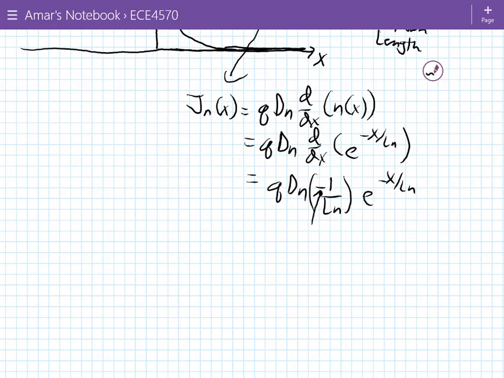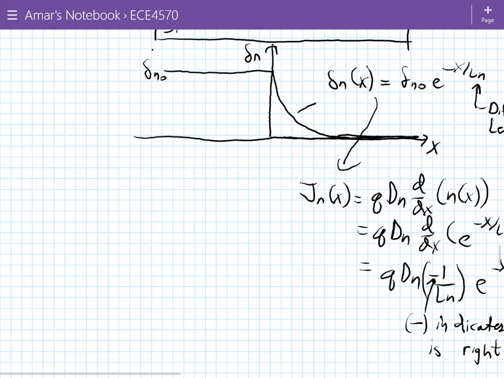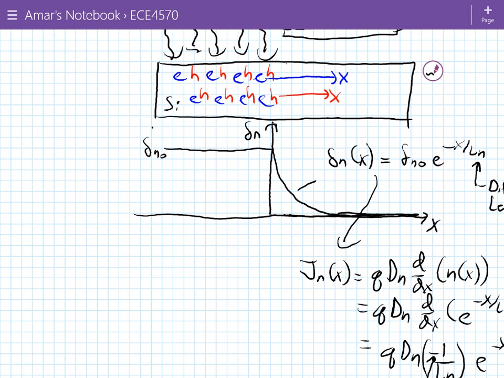Now notice you have a negative here. The negative sign indicates that the current is right to left. So the intuition here: when we're looking at the diffusion current due to electrons, electrons are diffusing from left to right.